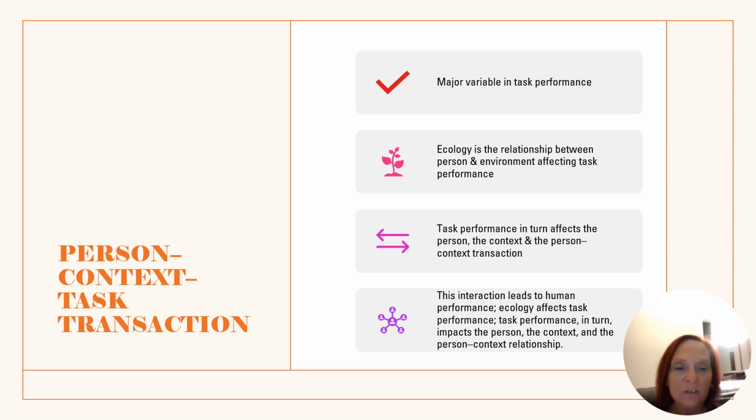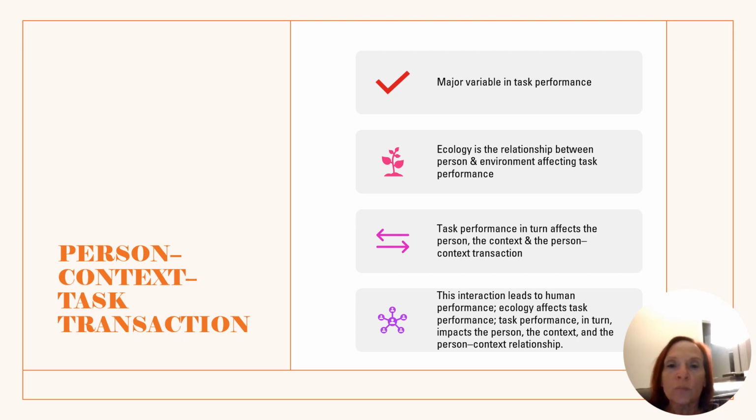Now it's talking about the person, context and task transaction. It is a major variable in task performance. I said that just a second ago, how these three things act is what determines what the task performance is going to be.